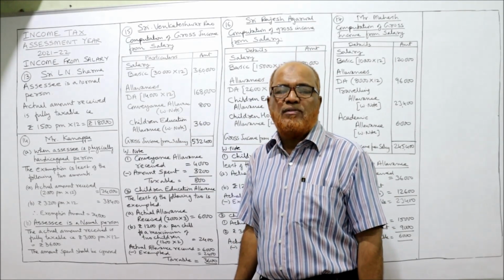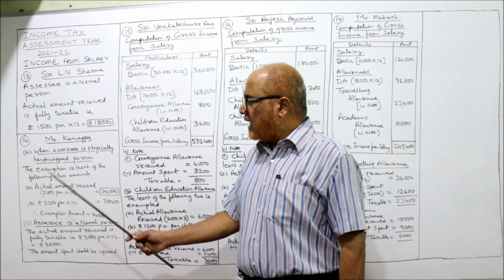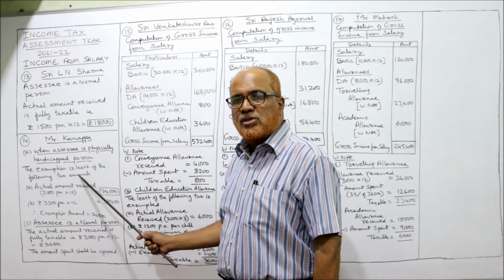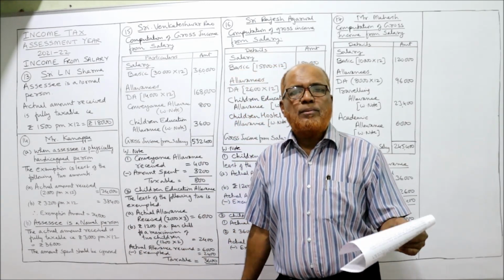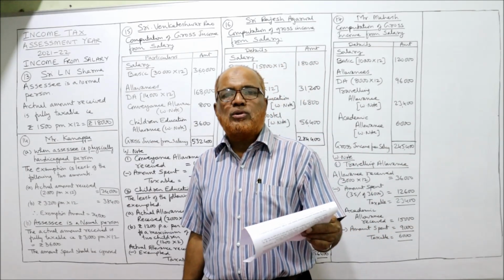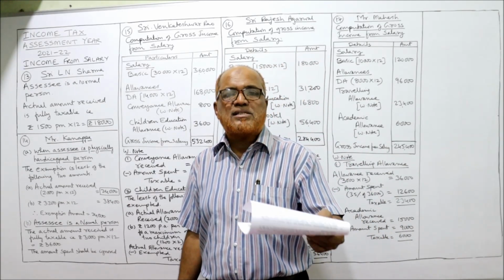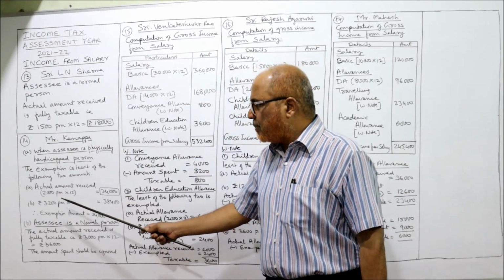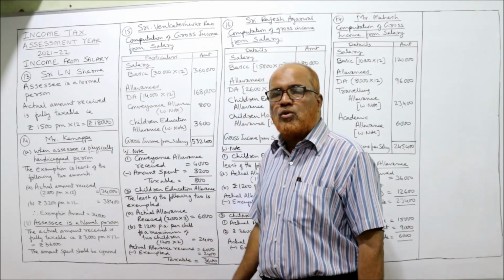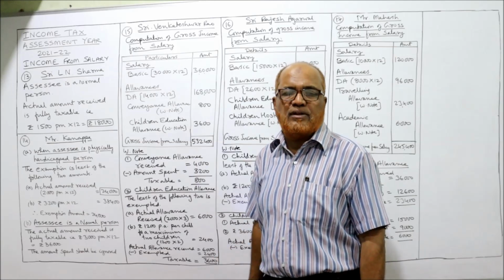First case A, when the assessee is a physically handicapped person, some exemption is given for transport allowance. The exemption is the least of the following two amounts. Actual amount received: he received 3,000 per month, out of which 1,000 he has spent, so the unspent amount is 2,000. 2,000 per month into 12, 24,000 rupees is the actual amount received.